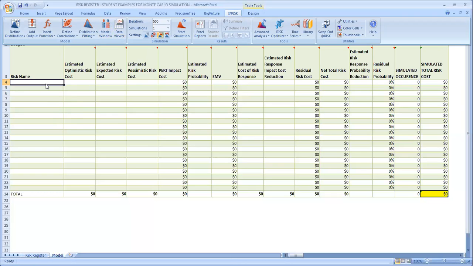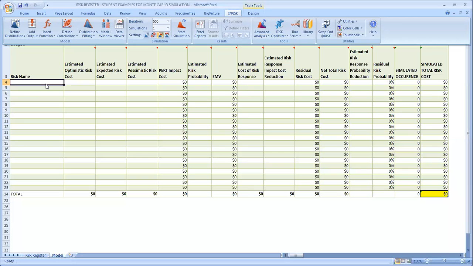we would want to then look at our risk scores that are included in a risk register that we had created, and then quantify those scores using a PERT-based distribution, meaning that in our estimates, we should have an optimistic risk cost, an expected risk cost, and a pessimistic risk cost.